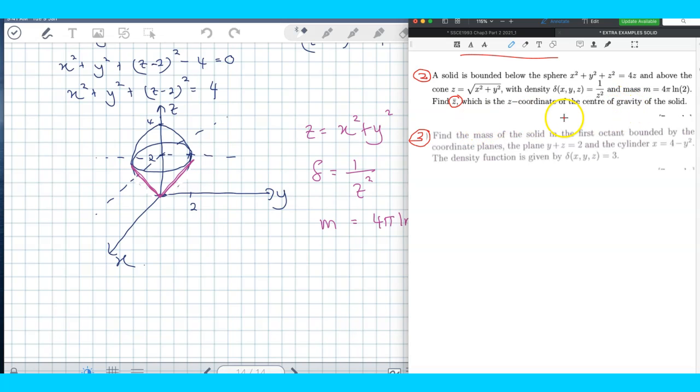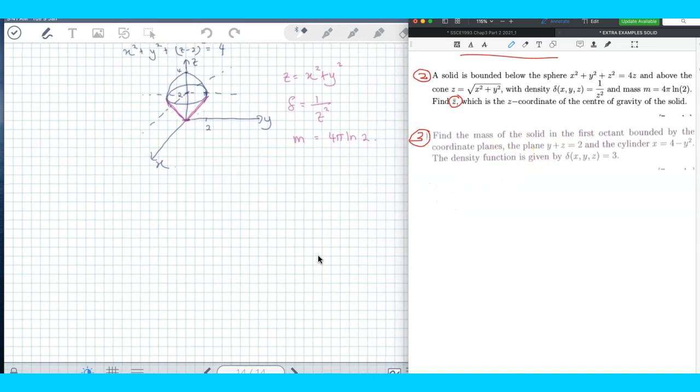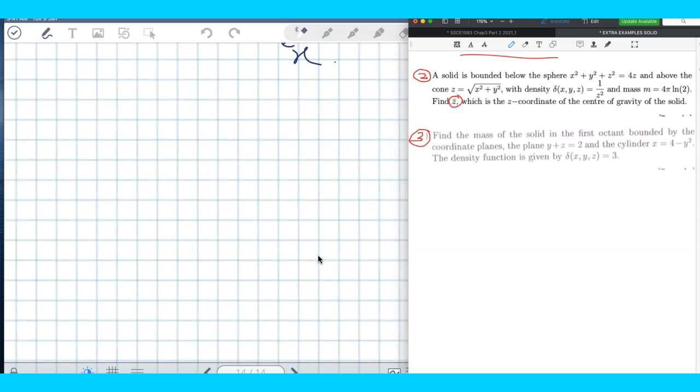Okay, so you have to find only the z bar, not the x bar, not the y bar, which is the center of the mass of the solid. Mass is given, so we don't need to compute that. Now the formula to get the z bar is moment of mass xy over the mass.